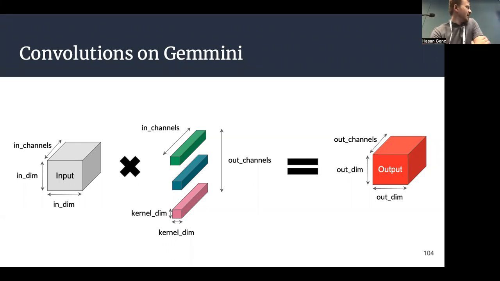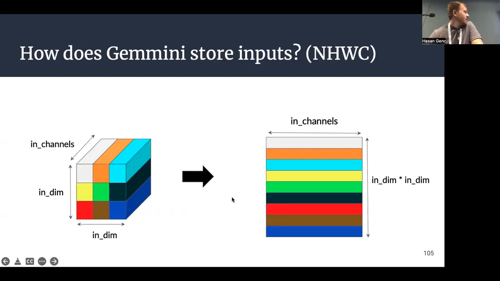I'm guessing most of you, or at least a lot of you, are familiar with convolutions. You have a bunch of filters, which are basically being dot-producted with different areas of an input 3D image to produce an output 3D image, right? So Gemmini flattens these images to store within its own 2D SRAMs. And in the innermost dimension in its flattened format, it puts the input channels.